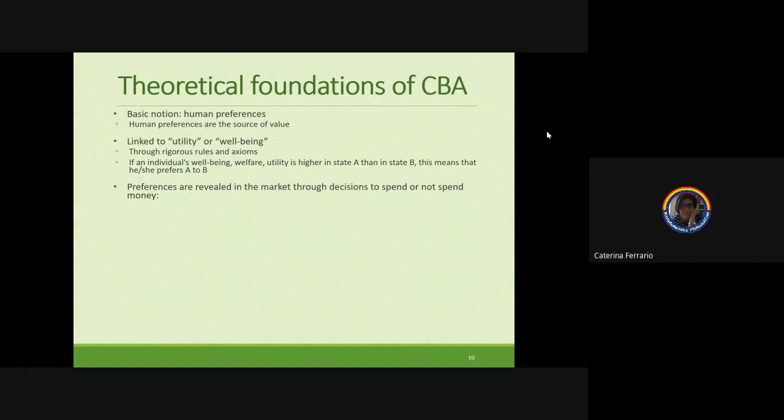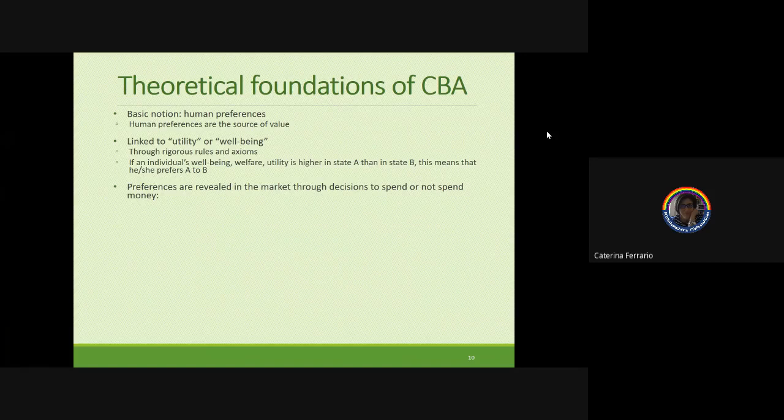The point is how you get this level of utility and preferences in a market situation. In a market situation, the utility that one individual may derive from one alternative can be conveyed by prices and by decisions to spend or not to spend money.